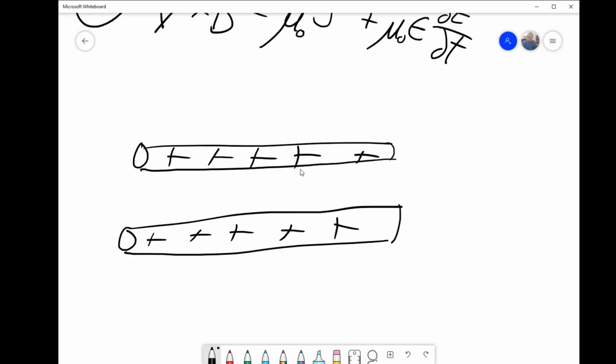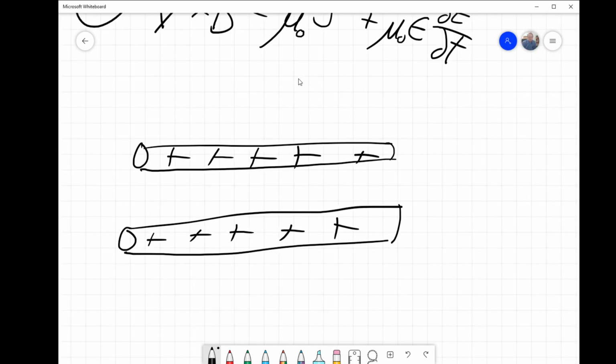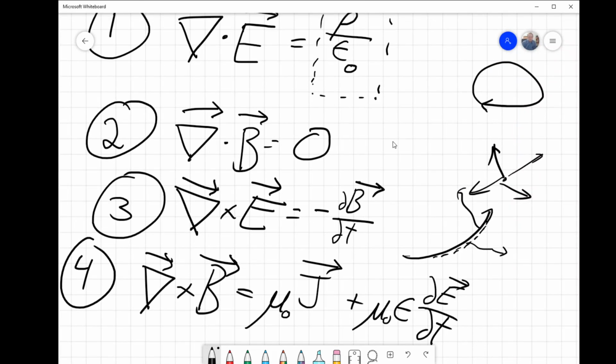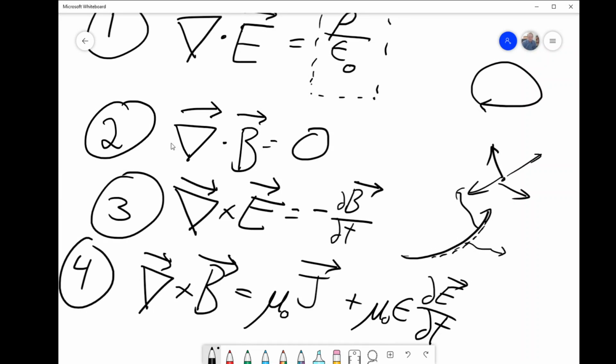Now that we've got Maxwell's equations, we'll be able to put some of this together. Because what we're seeing here is a divergence of the magnetic field that is zero no matter what. We've got an electric field that only depends on the changes in the magnetic field over time, not over position.